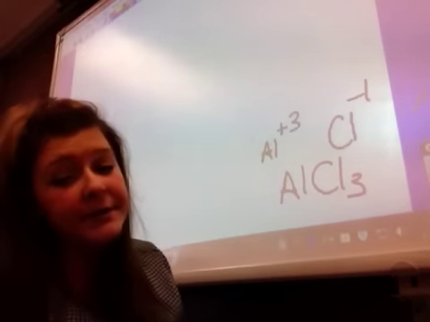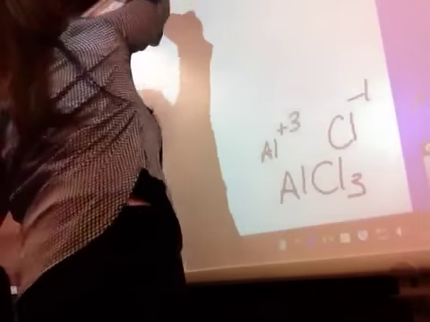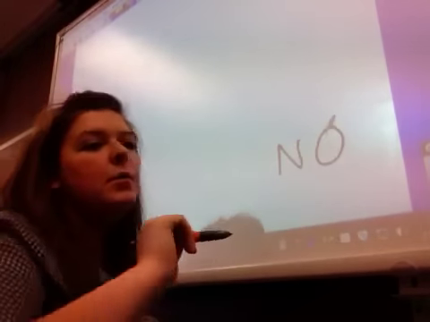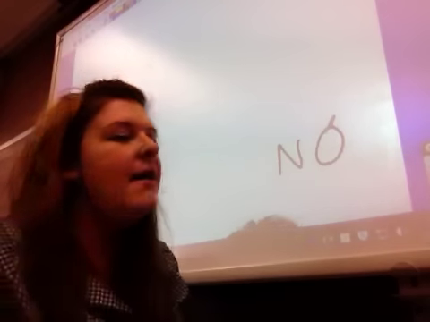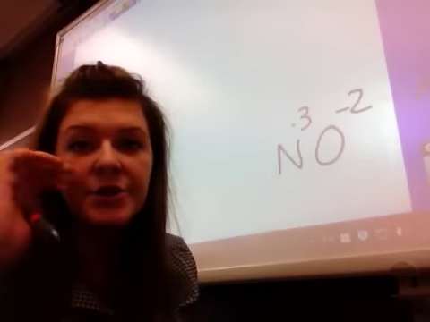Now that's different in terms of nitrogen and oxygen. If we were to think about nitrogen and oxygen as crisscrossing charges, well, we typically think about nitrogen as having a -3 charge and oxygen as having a -2 charge.